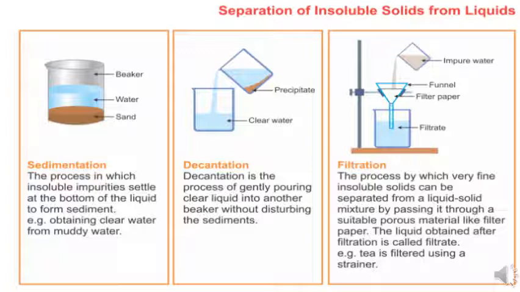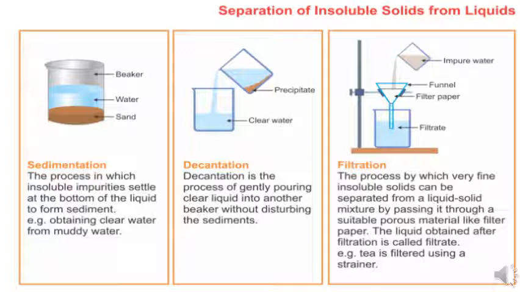After the settling of the impurities, decantation is the process of gently pouring clear liquid into another beaker without disturbing the sediments. The decantation process takes place where we tilt, that is, jhukana. So we tilt the vessel and we pour off the liquid into another vessel.